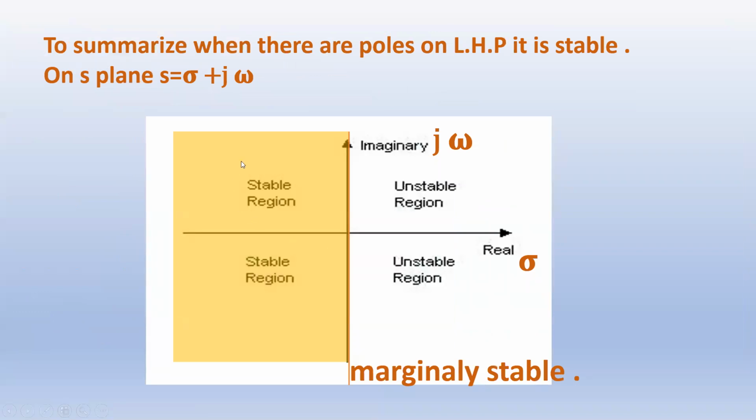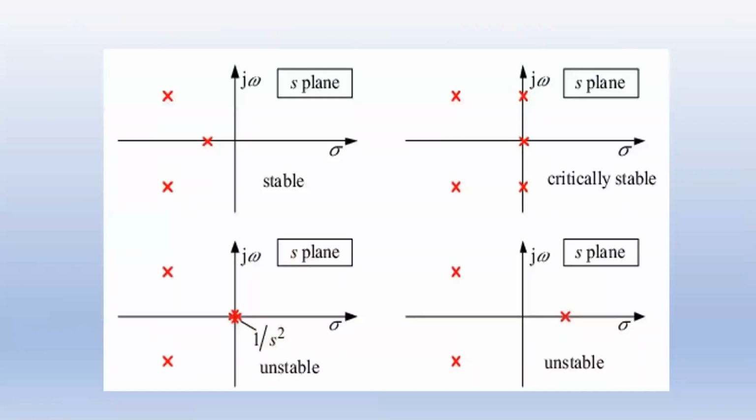To summarize, if the real part of the pole, sigma, is negative, the system is stable. The right half plane is the unstable region, the imaginary line is marginally stable, and if there are repeated imaginary roots, the system is unstable.